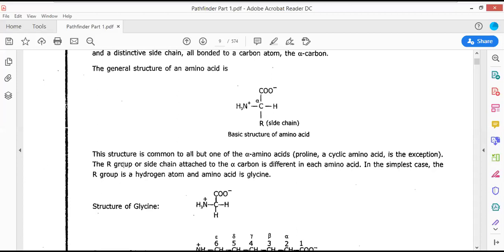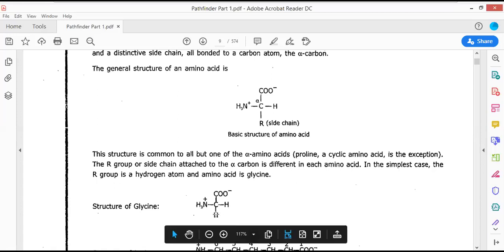One of the alpha amino acids that has a cyclic structure is also an exception, and that is referred to as proline. The R group, the side chain on the alpha carbon, is different in each amino acid. I will tell you the tricks to remember each structure, and then you can effectively memorize all the different structures of the diverse amino acid molecules. In the simplest case, the side group can be a hydrogen atom, and this is the structure of glycine.